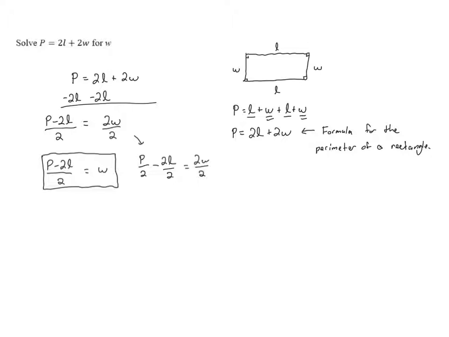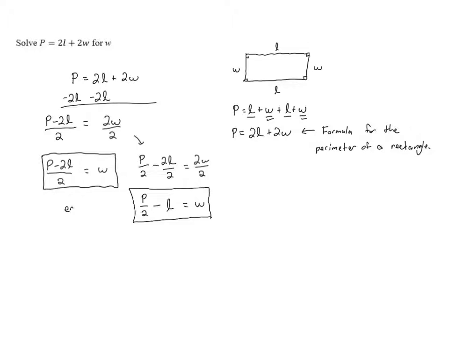Now P divided by 2 is just P over 2. We can't reduce that fraction. But the second term, 2L divided by 2, is just L. The 2's cancel in the numerator and denominator. And then on the right, the 2's cancel again, and we're left with W. So another way of writing this is P over 2 minus L equals W.